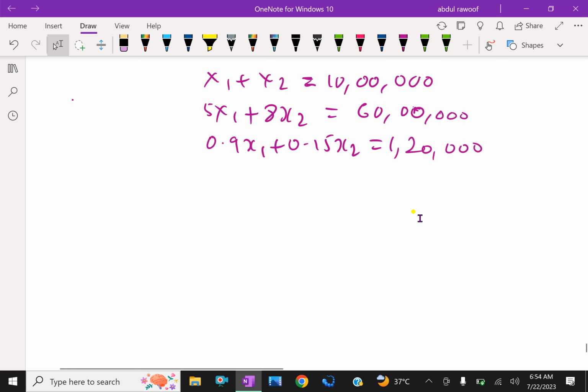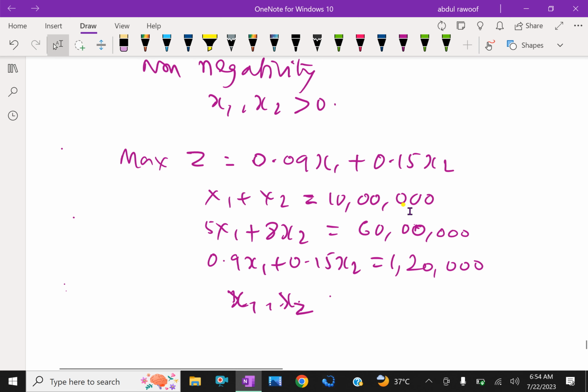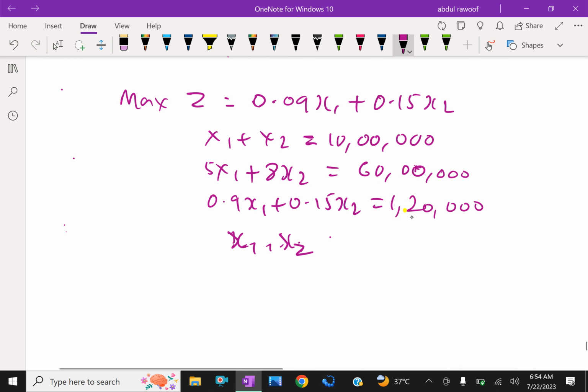And non-negativity: x1, x2 are greater than or equal to 0. These are our LPP equations.